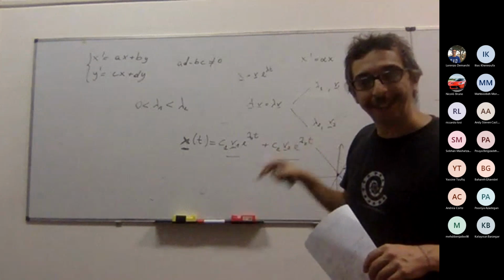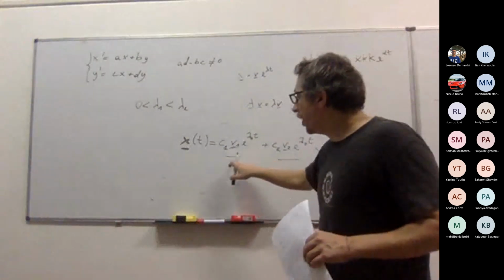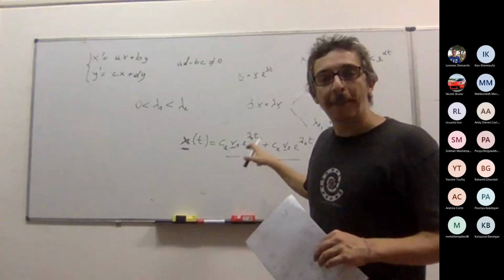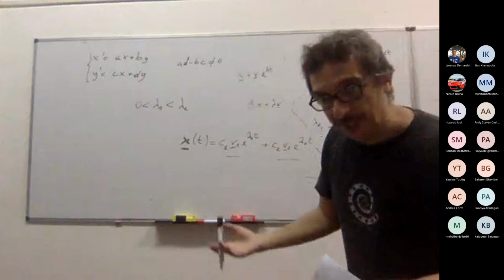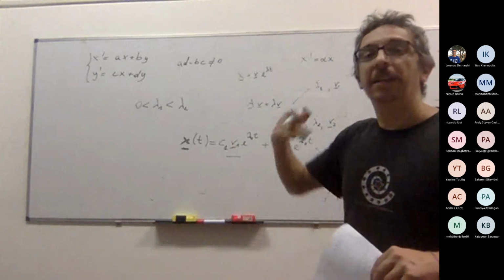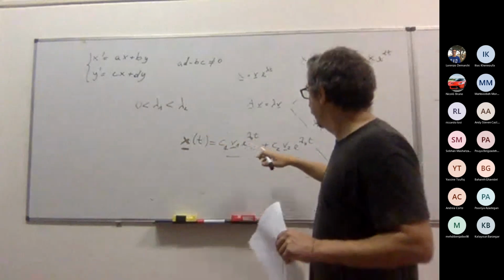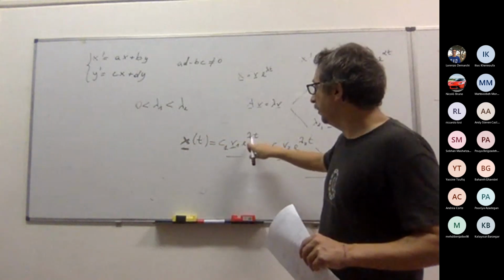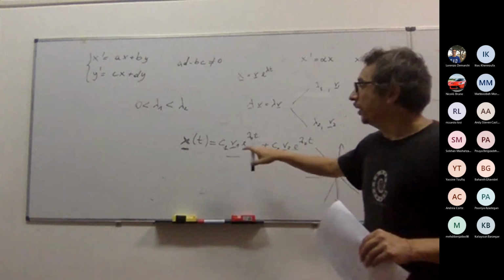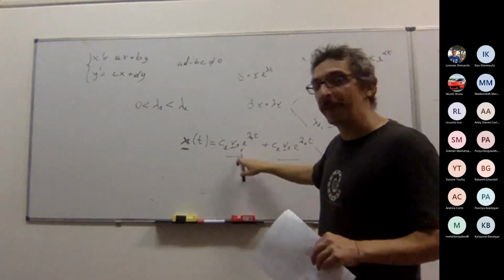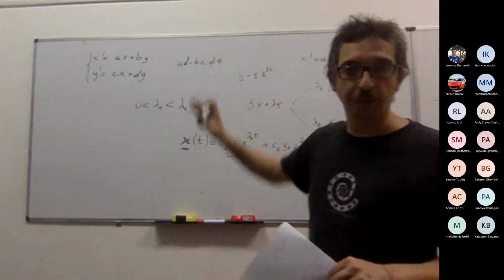So approaching the critical point, the general orbit will be parallel to V1. On the other hand, for t that goes to infinity, this term here is subdominant with respect to this other one, so the general orbit will be parallel to the vector B2 for t that goes to infinity.